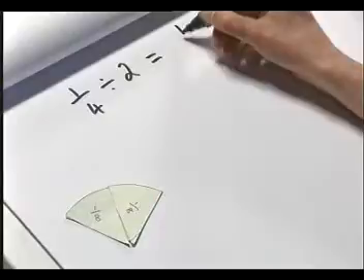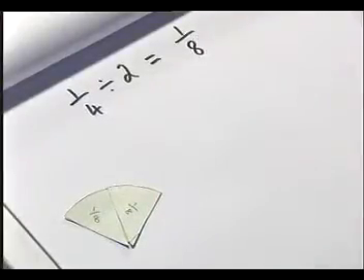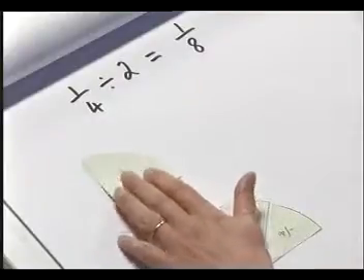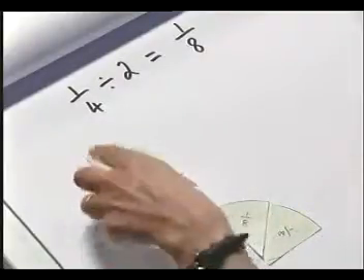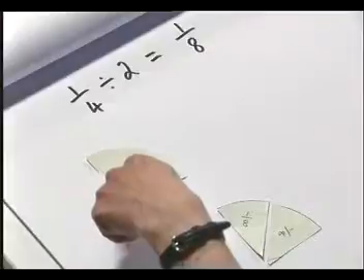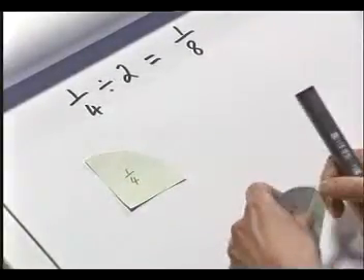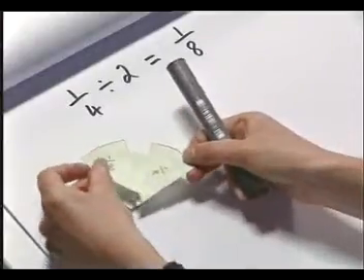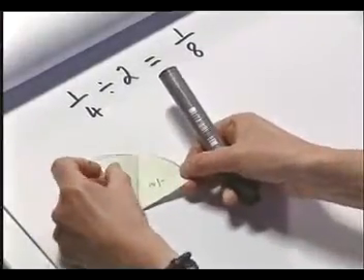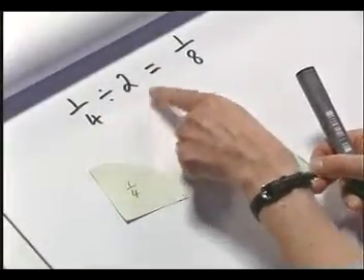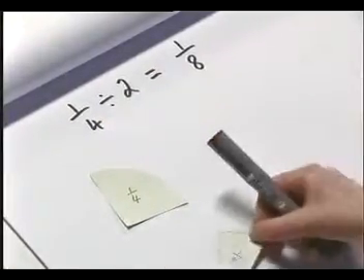Each one is 1/8. So we split it in half and we've got eighths. If you can imagine our whole one and we had 4 quarters, if we have eighths, we have 8 pieces, each one is 1/8, so 2/8 fit into a quarter. So a quarter divided into 2 bits gives us 1/8.